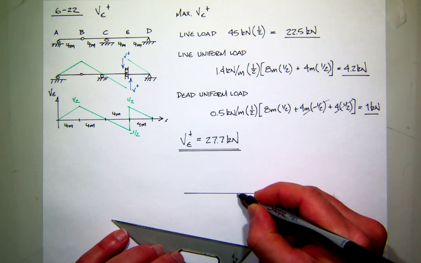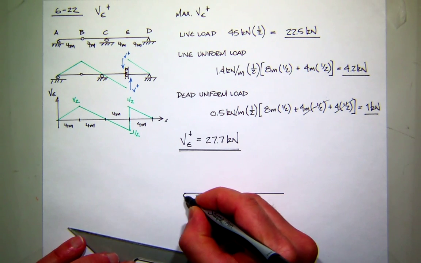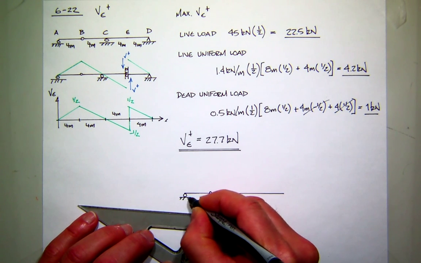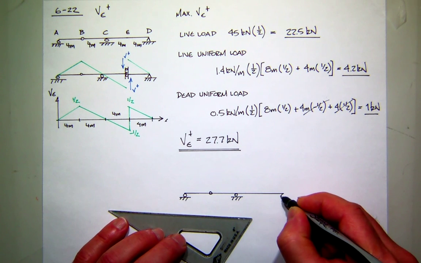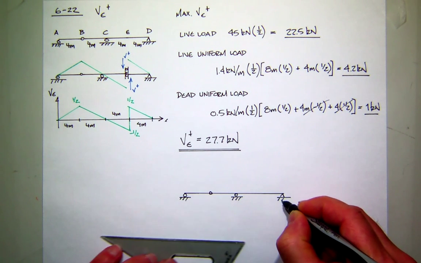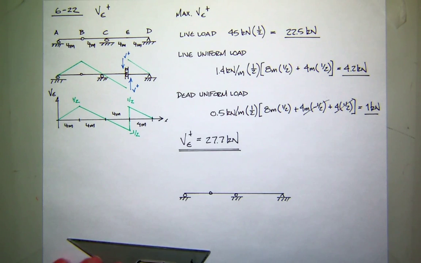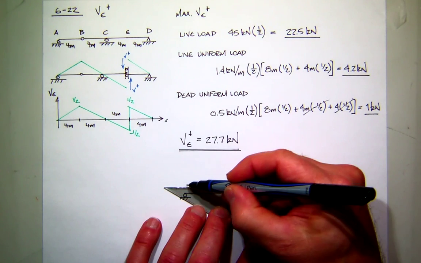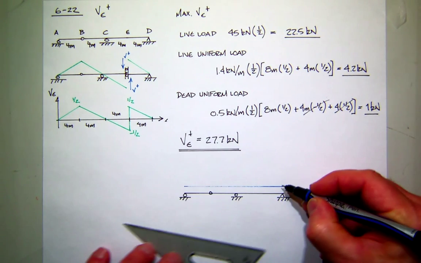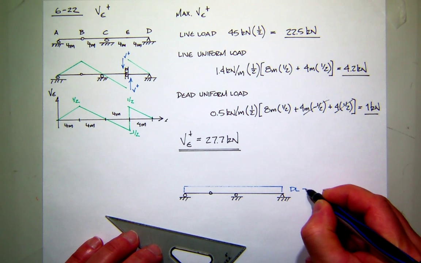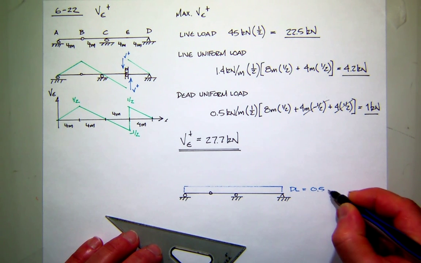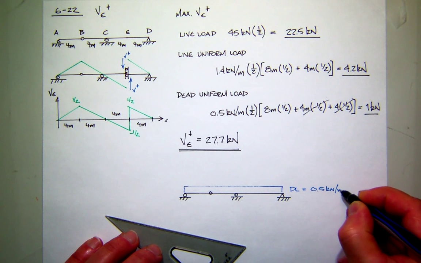So I'd have my roller. My dead load, again, goes over the whole structure, just like the previous problem. Dead load, and that was 0.5 kilonewtons per meter.